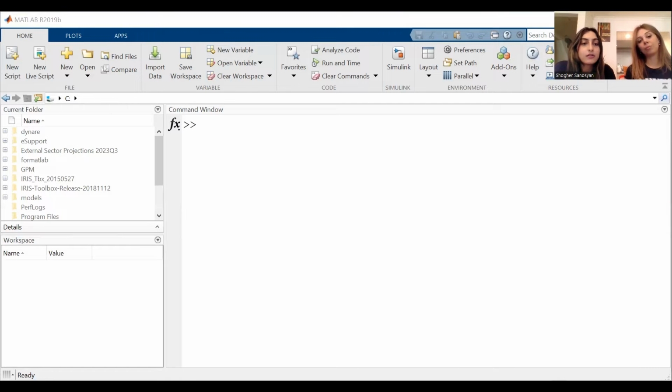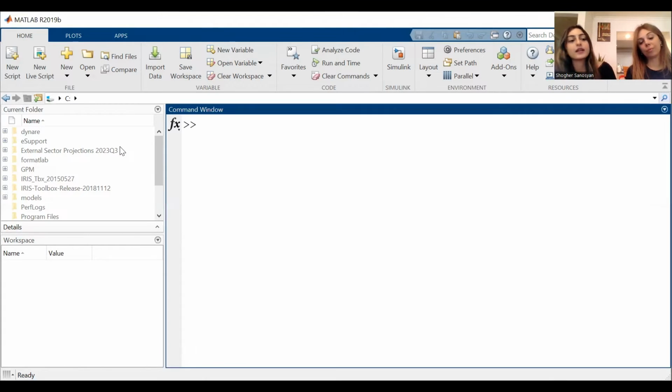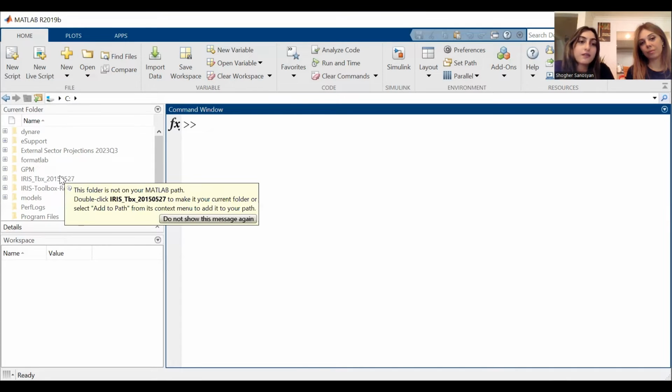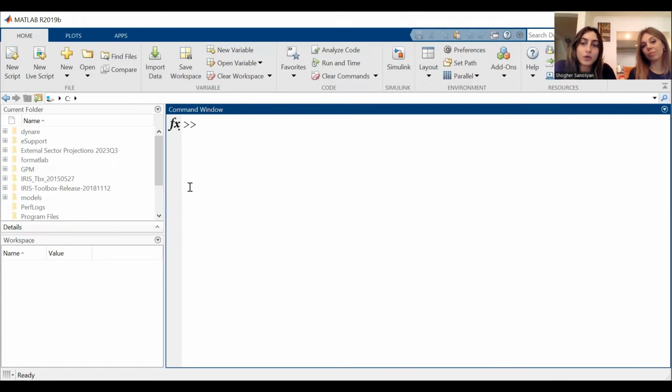One really important thing is that on the left-hand side, we can see the directory. It lists the files in the directory, and the most common mistake people make is being in the wrong directory. So we should pay attention to this.